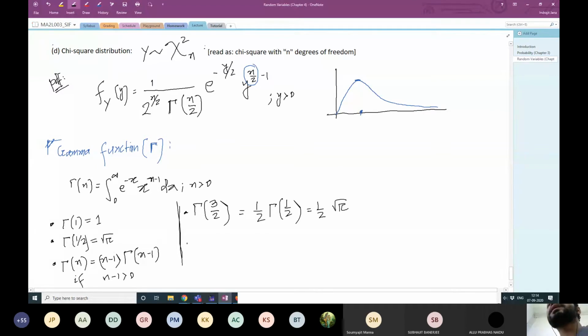Or maybe if you're doing chi-square with 8 degrees of freedom, you have gamma 4. Gamma 4, again from the last formula, is going to be 3 times gamma 3.